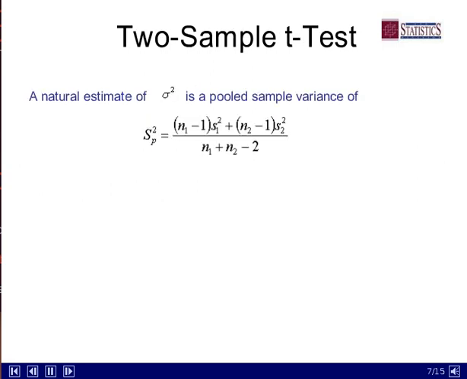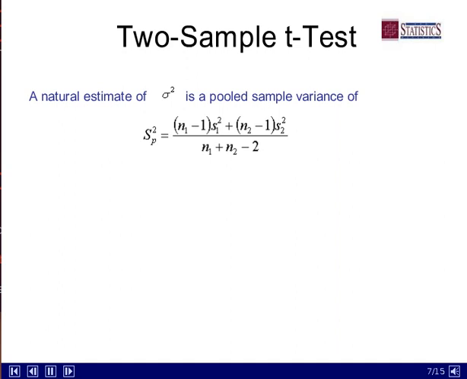So we need an estimate of, or an estimator for, sigma squared. It seems natural that we should use just one estimate since there's only one sigma squared. Because we have two estimates of the sample variation, S1 squared and S2 squared, we will pool those together to form a single estimate of sigma squared, and we'll call that estimator S squared sub P, or S squared pooled.